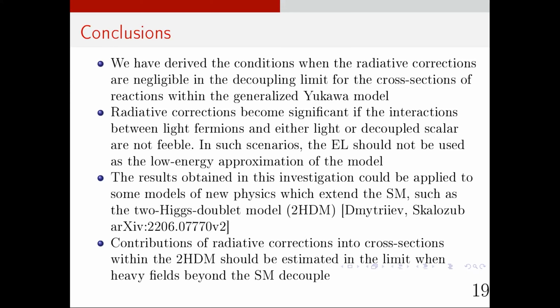And finally, we point out that when we study cross-sections within the two Higgs doublet model effective field theory, then we should estimate loop corrections when heavy scalars decouple. This is all.